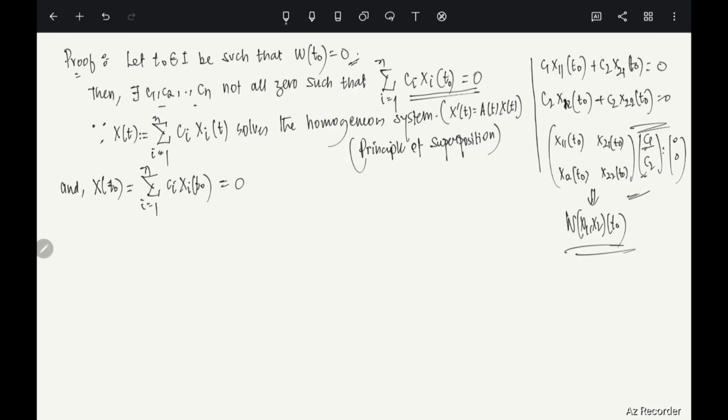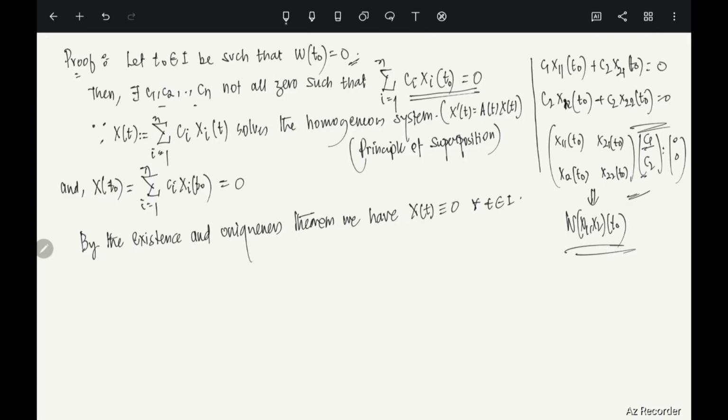So by the existence and uniqueness theorem, Picard basically, we can guarantee that x(t) is identically equal to 0 for all t in I. I hope this is clear.